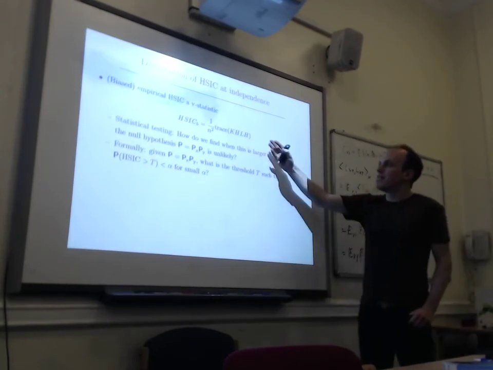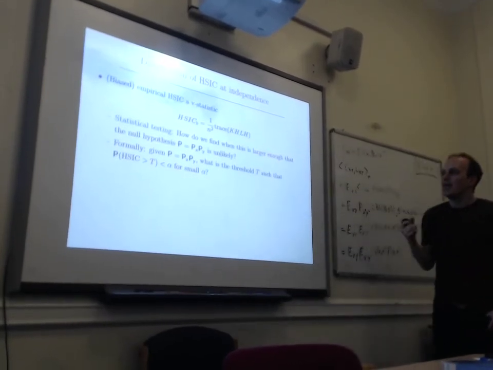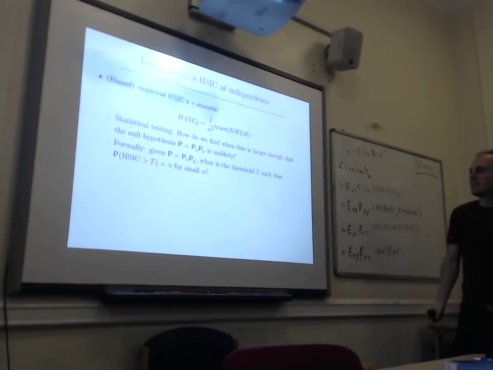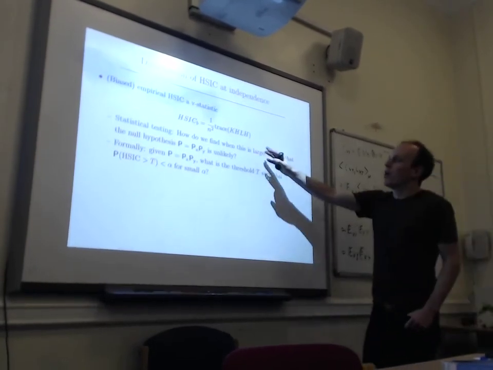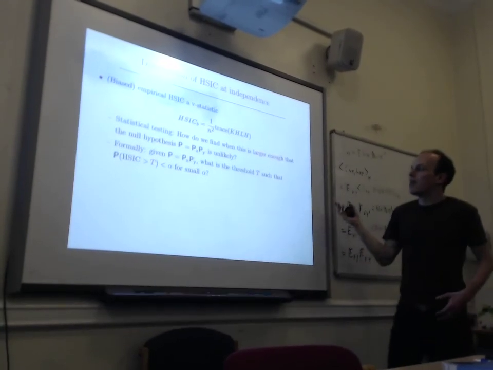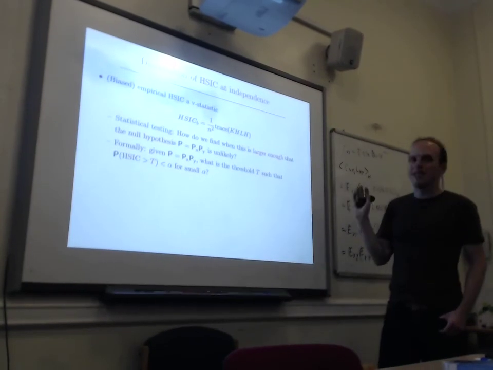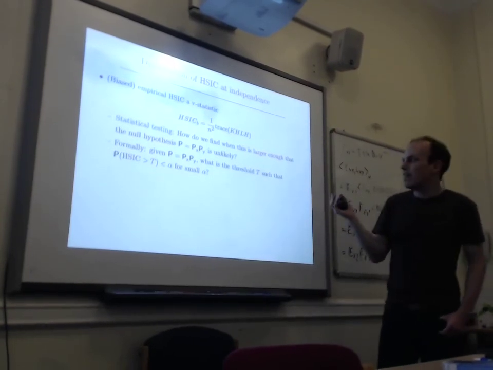So if this is my dependence, then just as in the maximum mean discrepancy, a question I'm interested in is how do I determine whether this is large enough that it can't be explained by chance. How do I know that this is big enough that I'm sure there is a significant dependence between x and y?